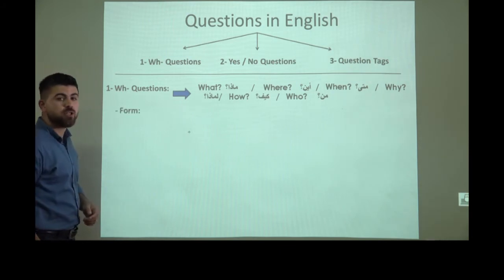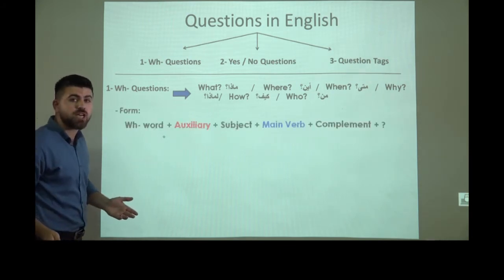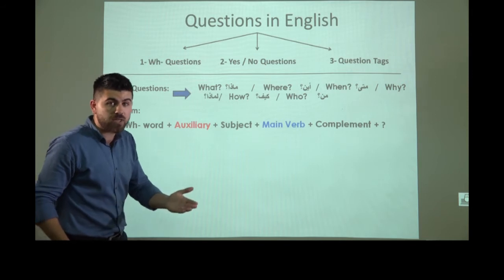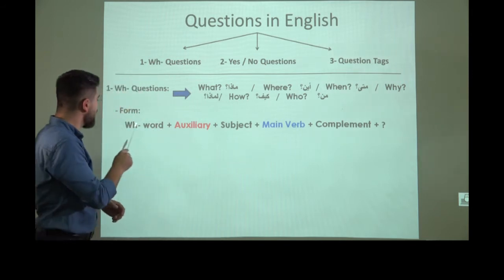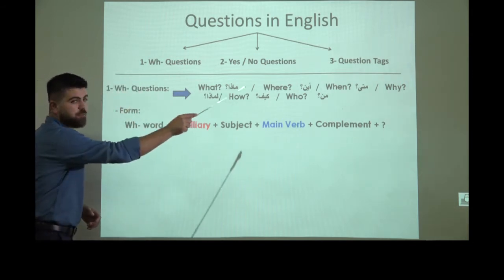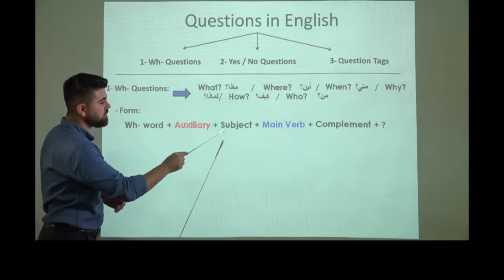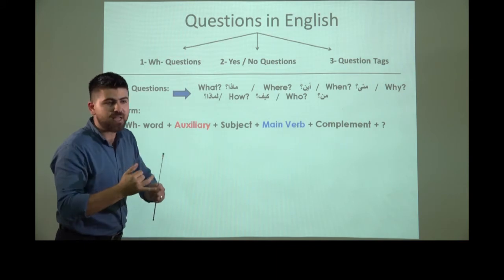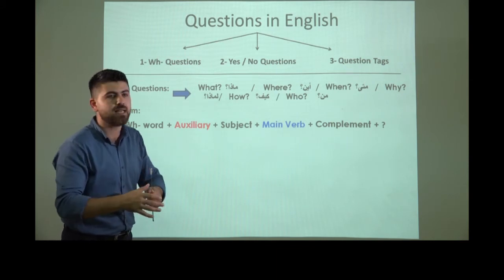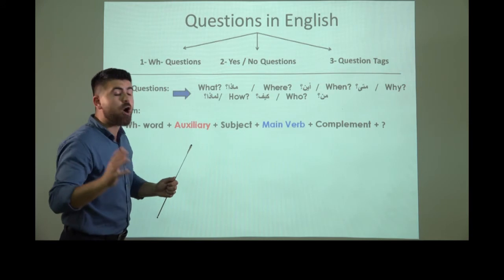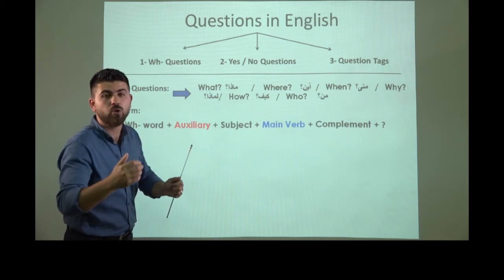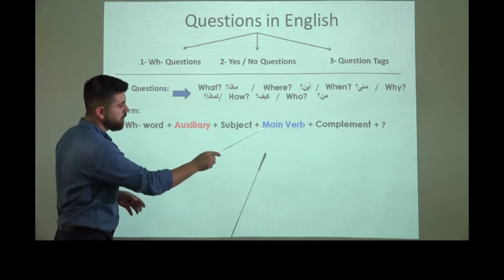Now we will get to know the form. بدنا نعرف شو هو الشكل عشان نعرف the correct order of a question. WH word, one of these words. Auxiliary, of course. Subject, the subject: Ahmad, Sami, Rami, Huda, Salim, or he, she, it, they, you, we, and so on.